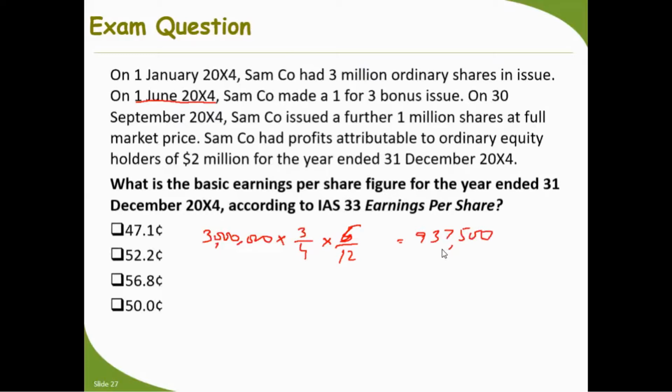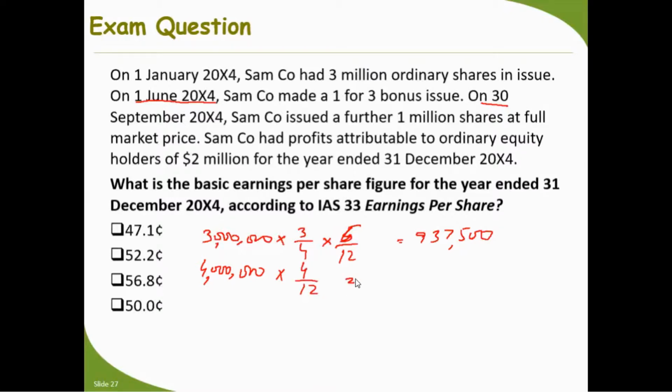937,500. Now from that date to the next full market price issue, we have 4 million shares, 1 million bonus and 3 million preceding, times the period until the next issue at 30th September. So June, July, August, September, 4 months, times 4 by 12.